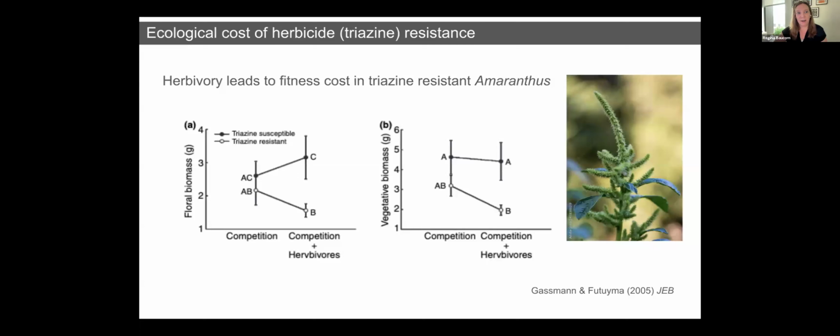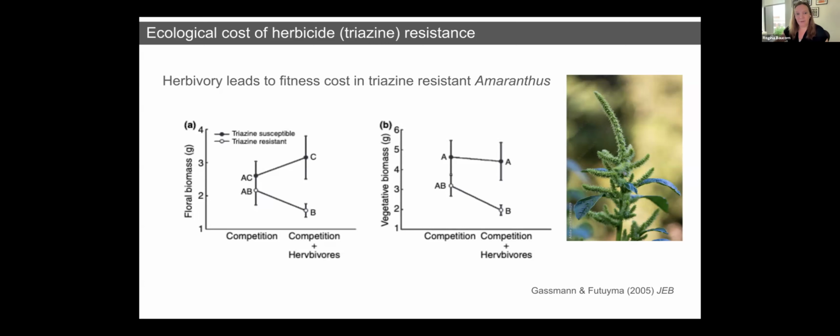There's one example that I know of showing an ecological cost of herbicide resistance, and in this example it's resistance to the herbicide triazine. Triazine is still a commonly used herbicide, typically used in maize crops. But Amaranthus hybridus, which is a really noxious weed, evolved triazine resistance, and work from Aaron Gaspin and Douglas Fatuma showed an ecological cost in this species. I'm showing you two plots here, one of floral biomass, the other of vegetative biomass, summarized for triazine susceptible lineages or triazine resistant lineages of Amaranthus.